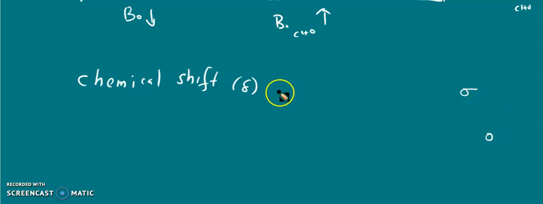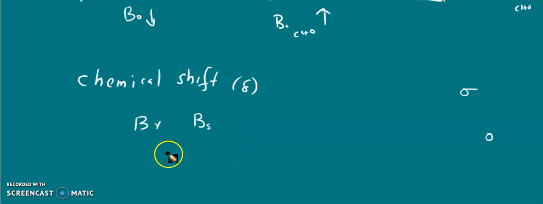So suppose Br and Bs are the magnetic fields at which the resonance occurs for the reference sample and for the given compound or given sample. The magnetic field at which the resonance occurs for the given compound is represented by Bs, and for the reference it is called Br.